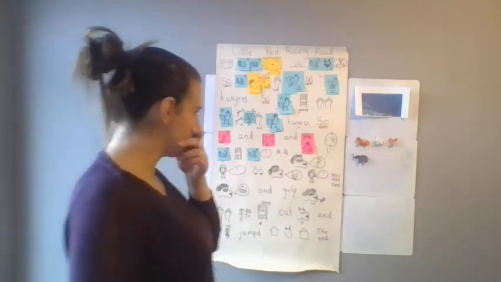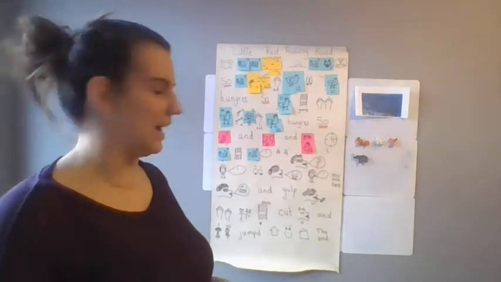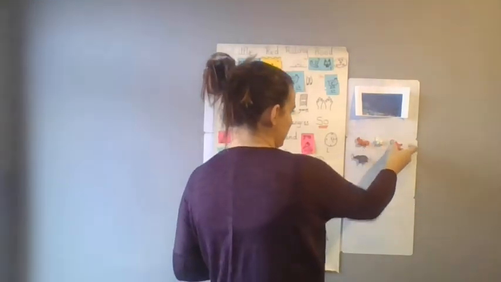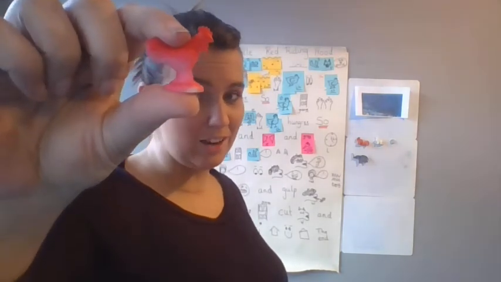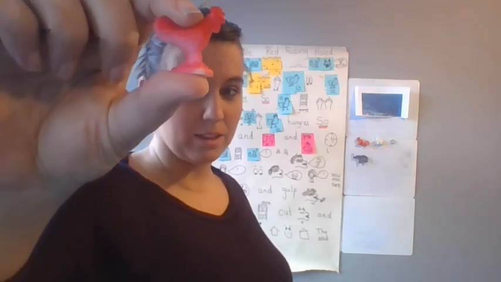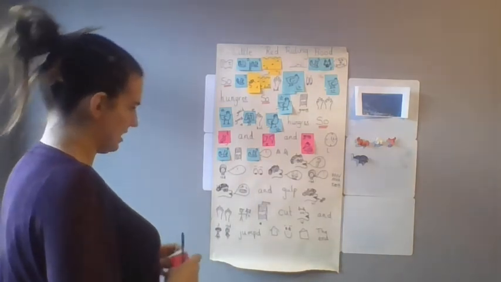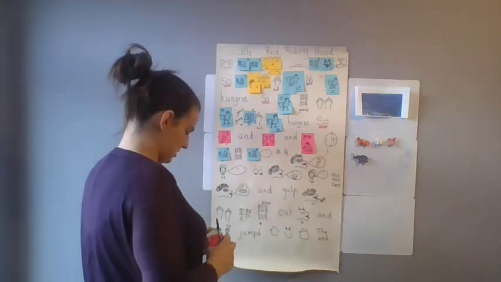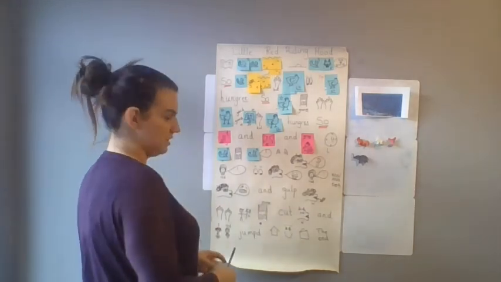No. What does the chicken have that Granny Elephant probably wouldn't have? Let's have a look at the chicken. Let's have a look. What does the chicken have that an elephant, remember, because Granny's an elephant, wouldn't have? A beak. That's right. Elephants don't have beaks, do they? So, shall we change our ears to a beak? Yeah?